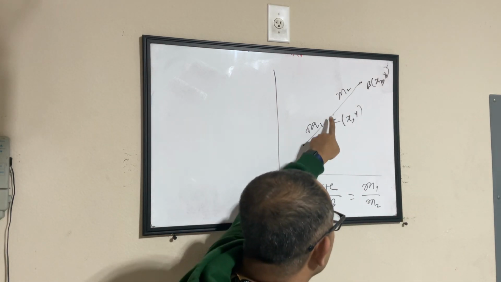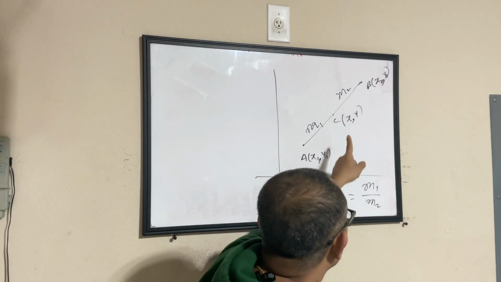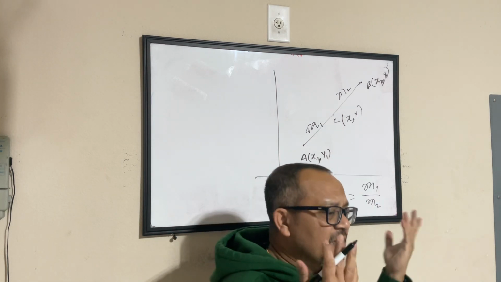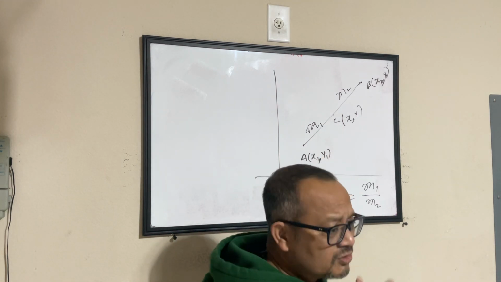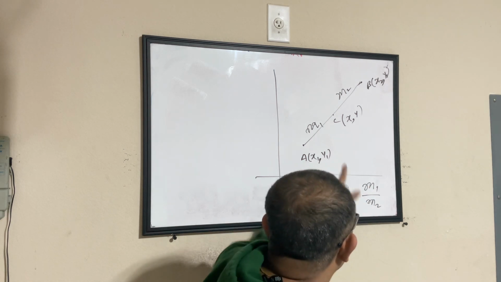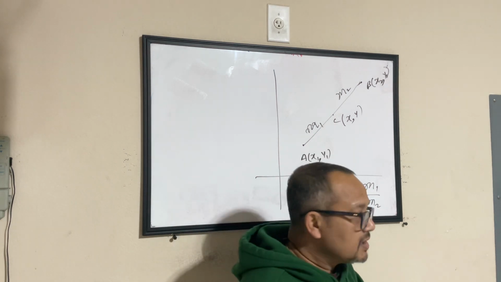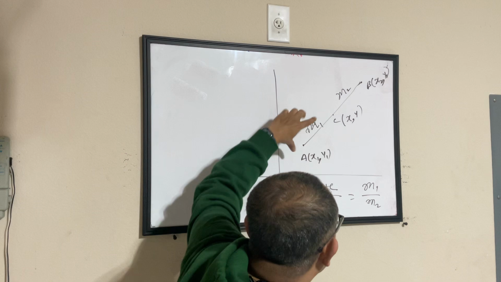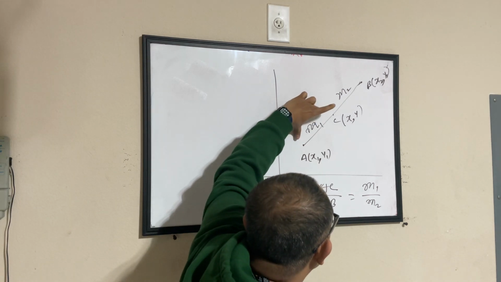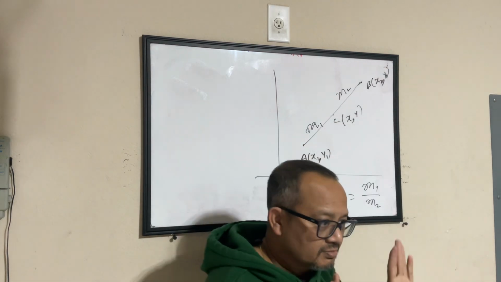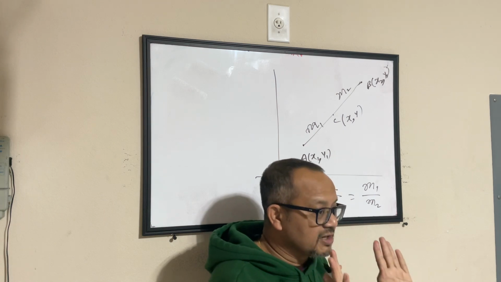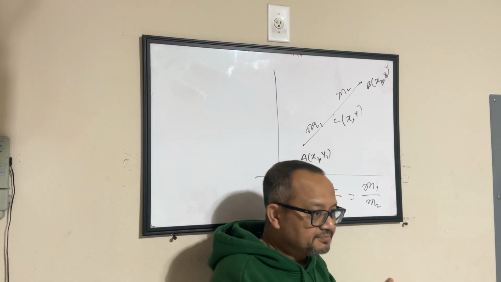We are trying to find the point C, which might have coordinates x and y, and we don't know how much they are. Point C is on this line, such that C divides this line in the ratio m1 is to m2. This part is clear, right? What we are trying to achieve should be clear first.